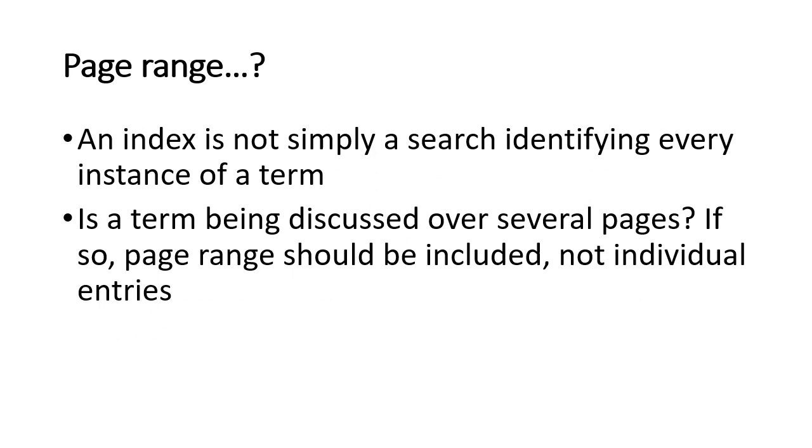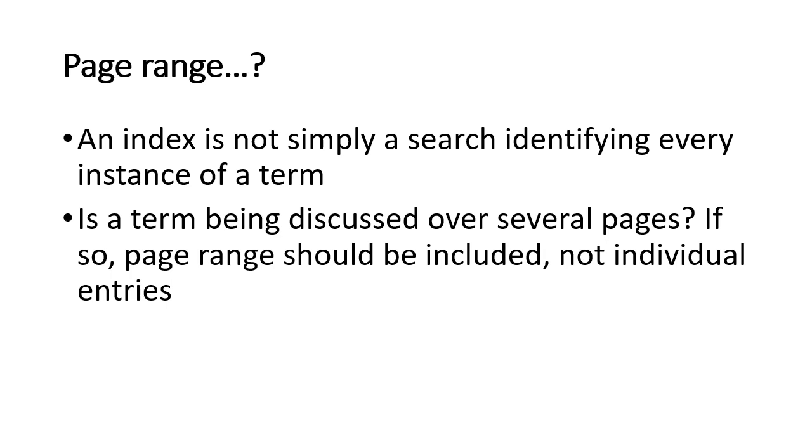One final thing to think about is the issue of page range. An index is not simply a search that identifies every instance of a term, and some bad indexes that you'll see in books are just a whole load of individual numbers. Instead, if a term is being discussed over several pages, the page range should be included and not just the individual entries.